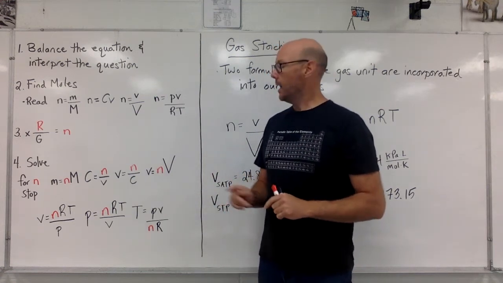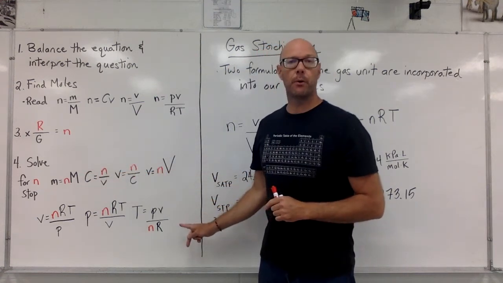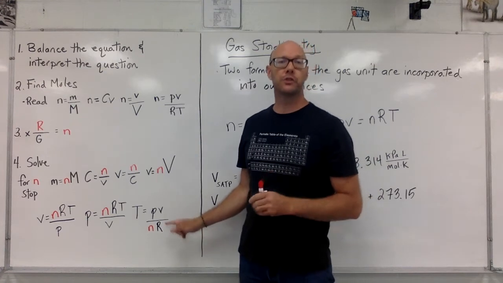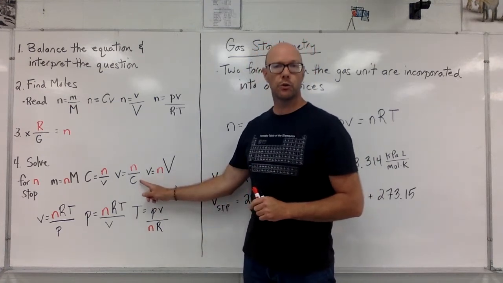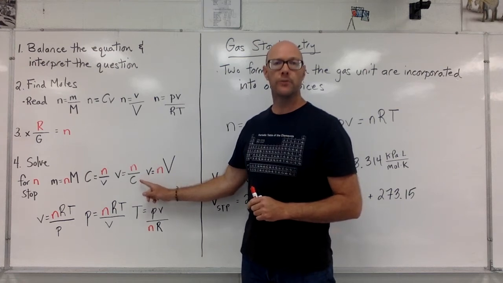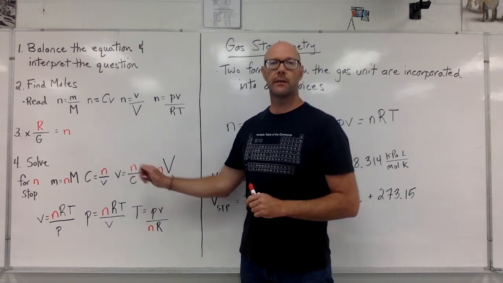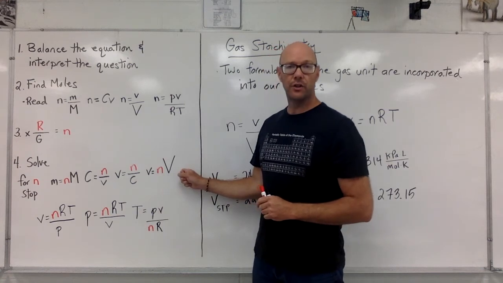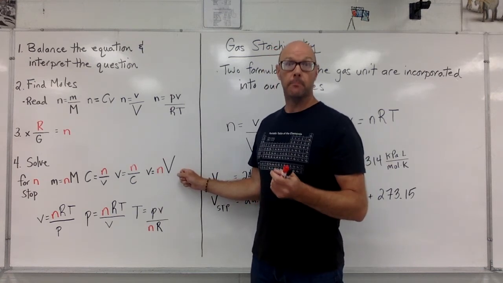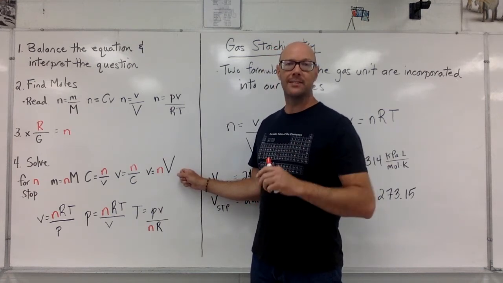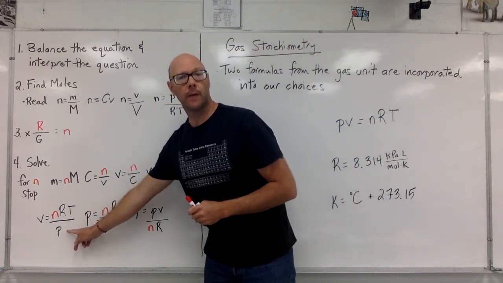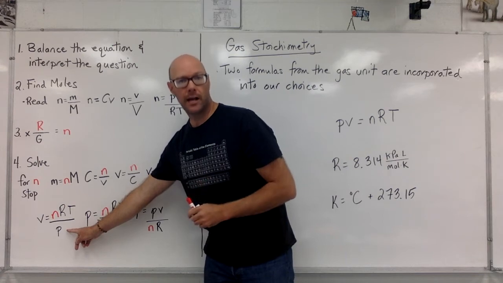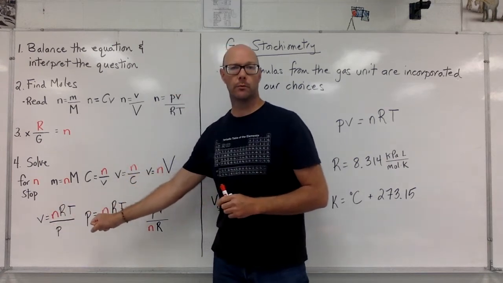Also quite tricky, there's 3 different ways down here in the 4th step to solve for volume. The way that we were doing solution stoichiometry, taking our moles and dividing by concentration can give us volume. We might be multiplying by the molar volume at STP or SATP to find the volume, or using the ideal gas law with the temperature, the ideal gas constant, and pressure to find volume.